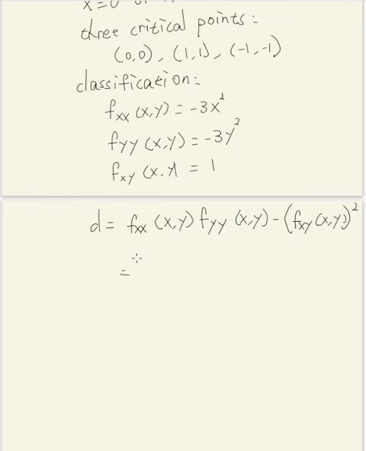So here we have minus 3x squared times minus 3y squared, that's 9x squared y squared, and then minus 1 squared, which is just 1.